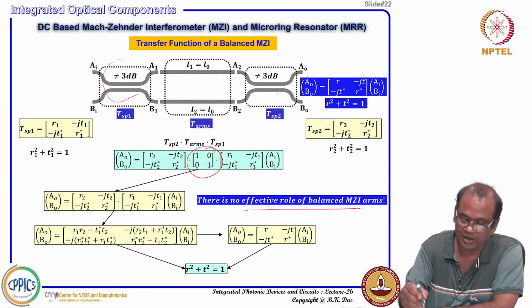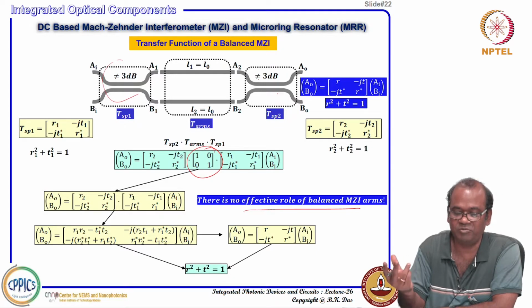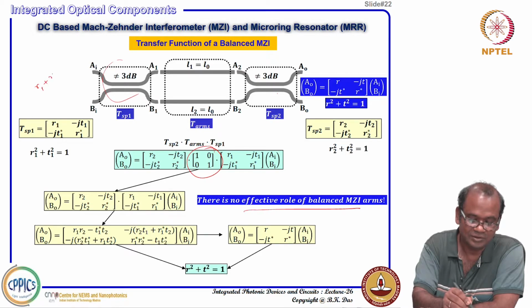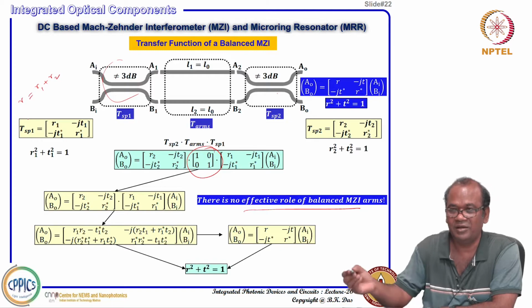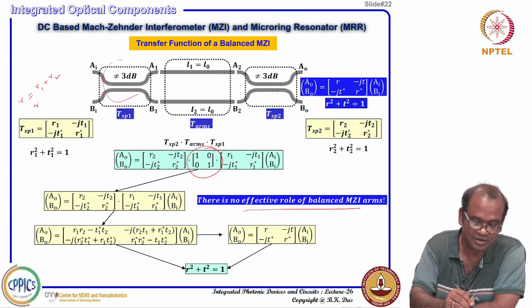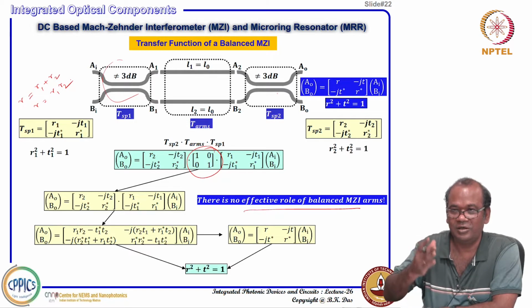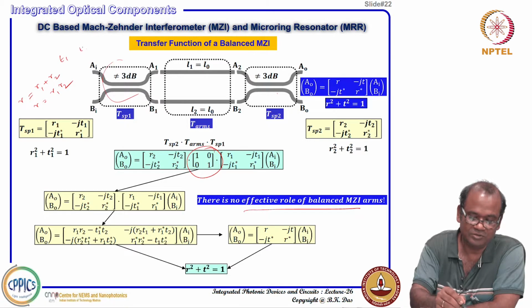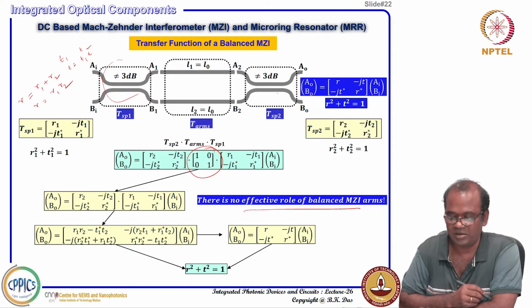If you connect one directional coupler and another directional coupler back to back, then R cannot be considered simply as R1 times R2, and T cannot be considered as simple T1 times T2, just simple multiplication.